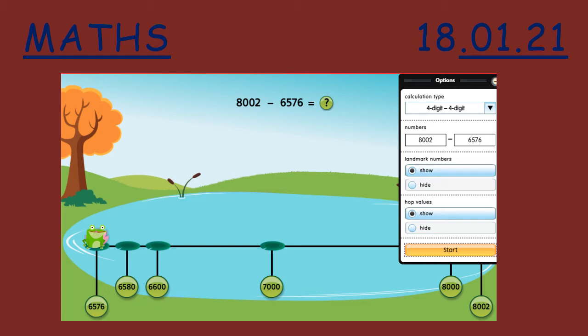So I jump 2 here plus 1,000, 1,002, then 400 here, so it's 1,402. Then I jump 20 here, so it's 1,422. And then 4 here, so it's 1,426.